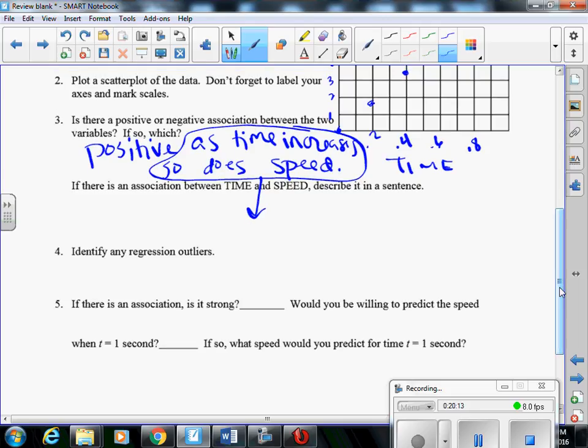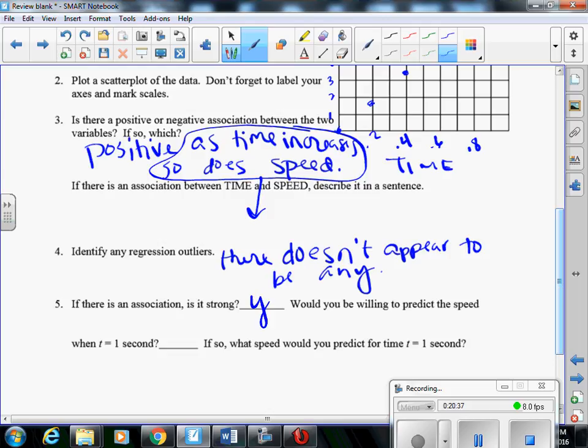Number 4, identify any regression outliers. I would say there doesn't appear to be any. I guess I can write all this out, but there doesn't appear to be any. If there's an association, is it strong? Oh, it is strong.